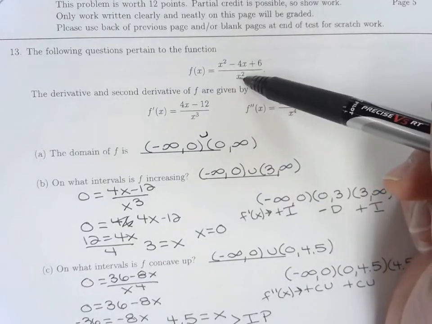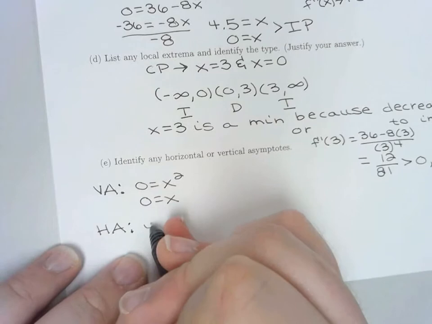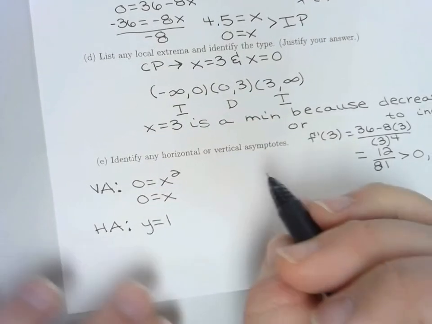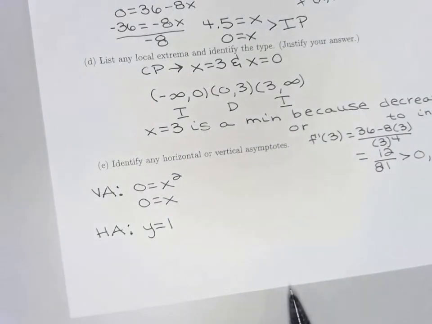They are the same, so look at your leading coefficients, which are both 1 over 1. So your horizontal asymptote is y equals 1. That's all they have, y equals 1.